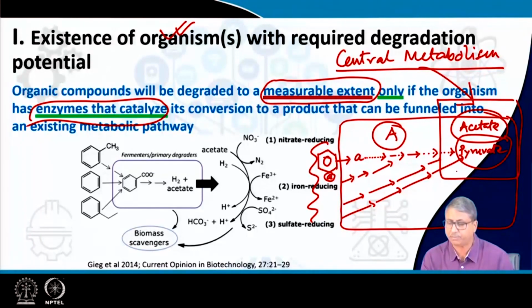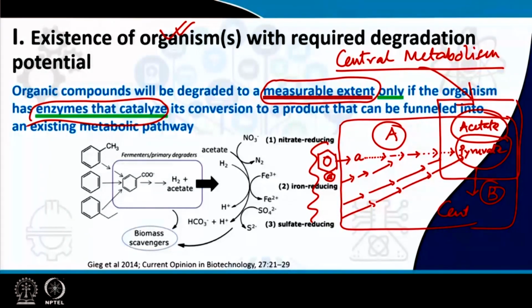Now, acetate and pyruvate, which are produced as part of phase A of the biodegradation, are very important intermediates or starting molecules for phase B, which is the central metabolism.